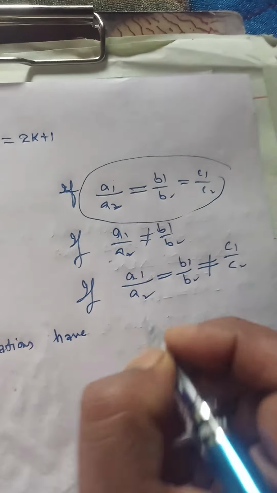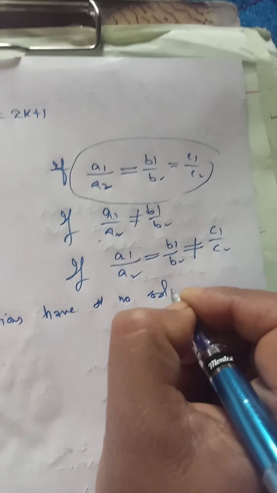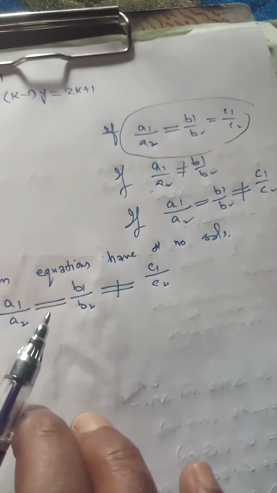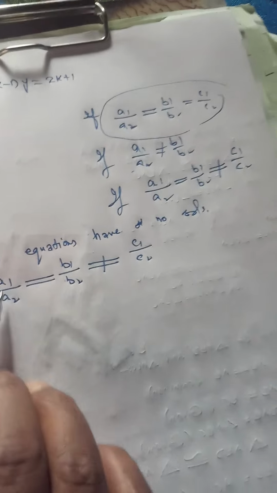The given equations have no solutions if a1 divided by a2 is equal to b1 divided by b2 is not equal to c1 divided by c2. It means that when this type of situation arises in any system of linear equations, they have no solution.